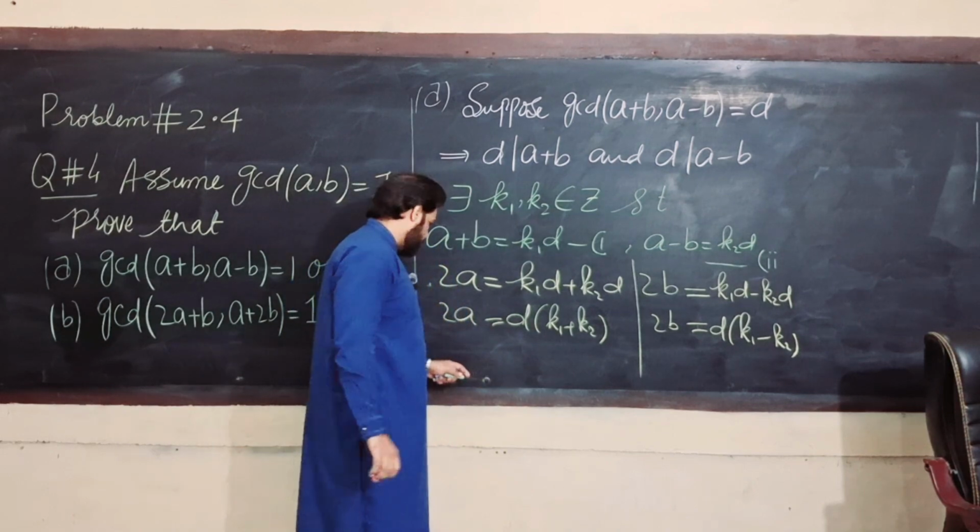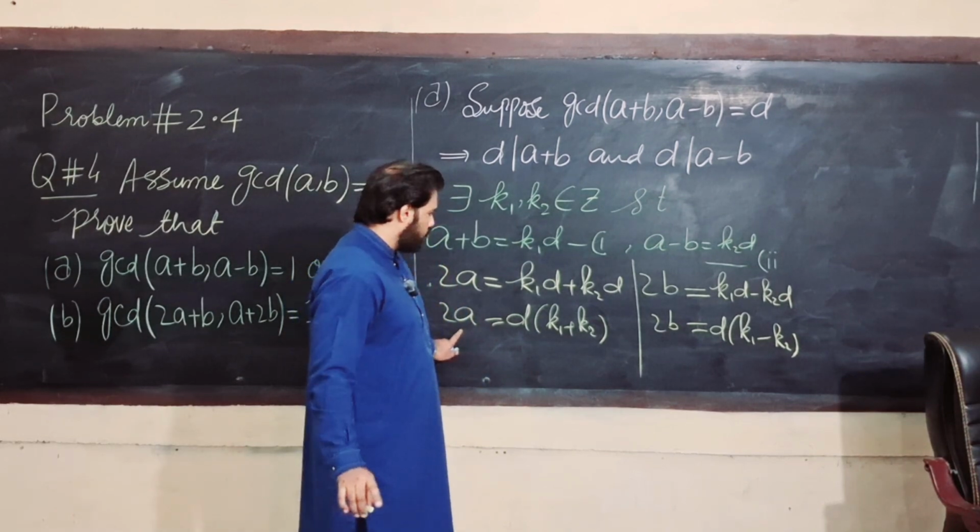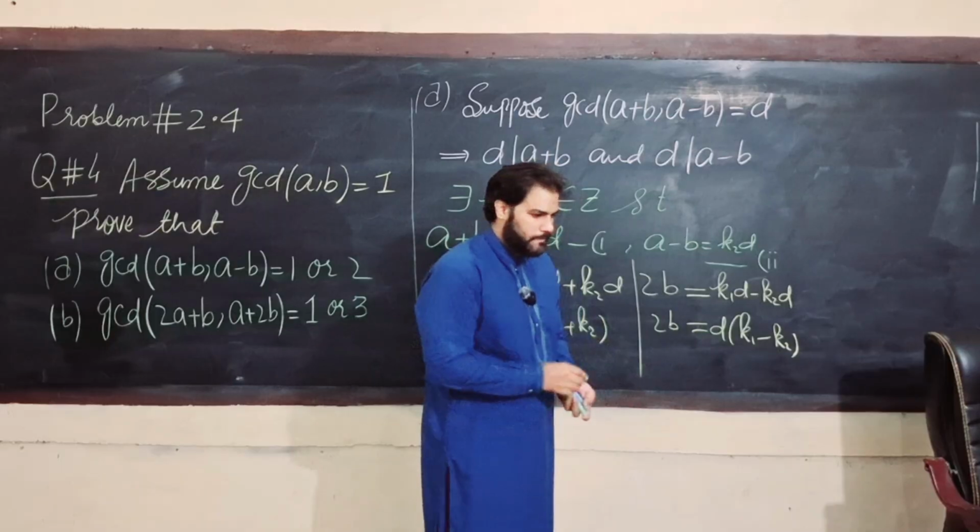Now I am going to find the GCD of these two numbers, 2A and 2B.